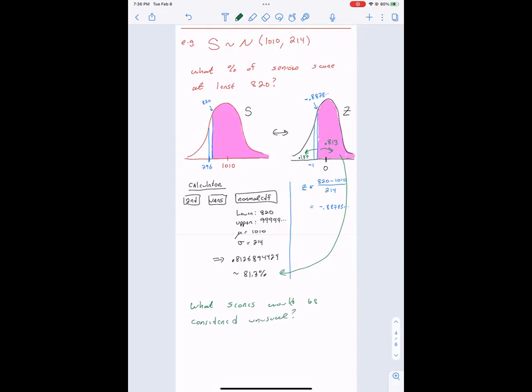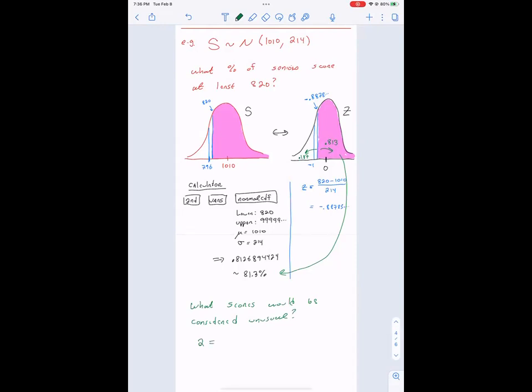So here, we have to work backwards. We have to start with the Z-score and then figure out what the data point would be. So I know that, for example, a Z of 2 is one cutoff for unusual, correct?